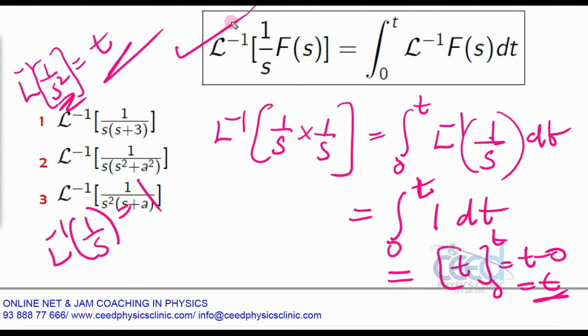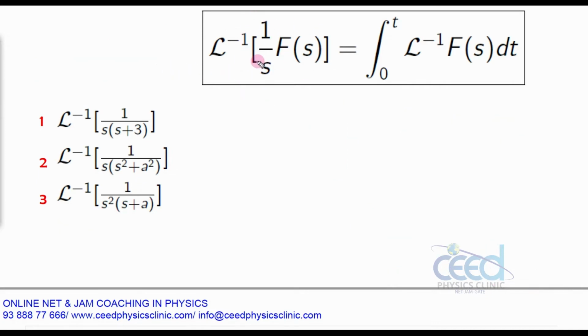To handle complicated functions we can easily use this result. Let us check some examples. Here you have one example: Laplace inverse of 1 by s into s plus 3.